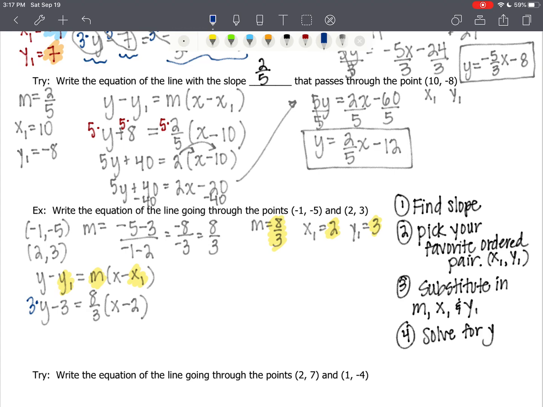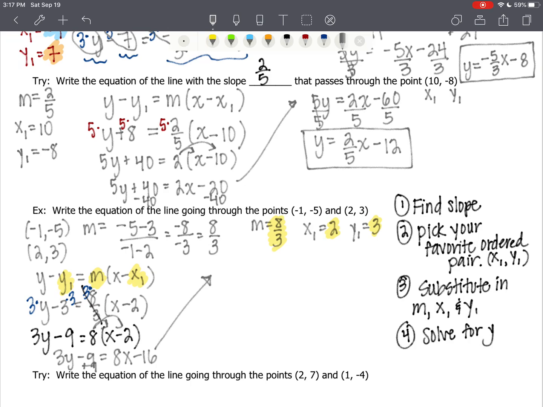We'll clear the fraction by multiplying each term by 3. That's going to give us 3y minus 9 equals 8 times x minus 2. I'm going to distribute the 8. I get 3y minus 9 equals 8x minus 16.